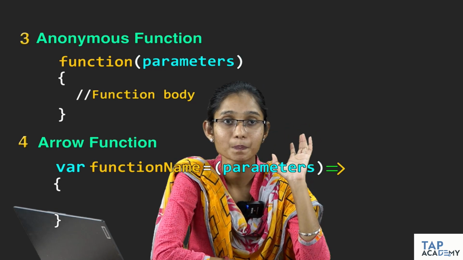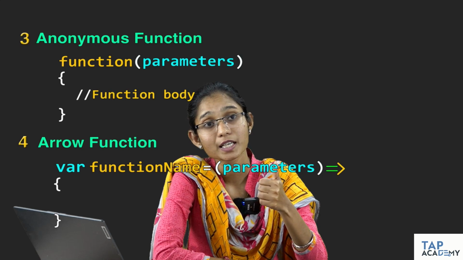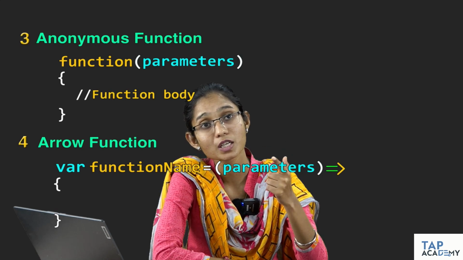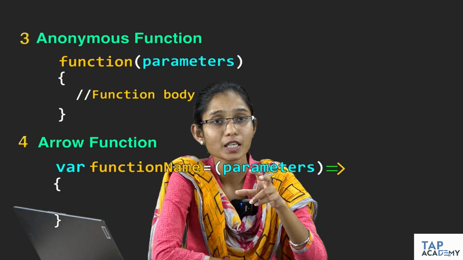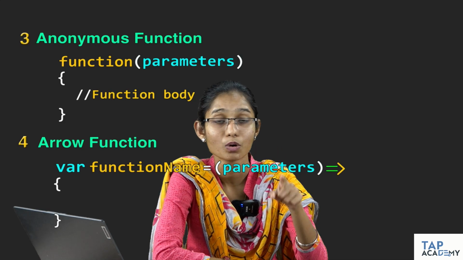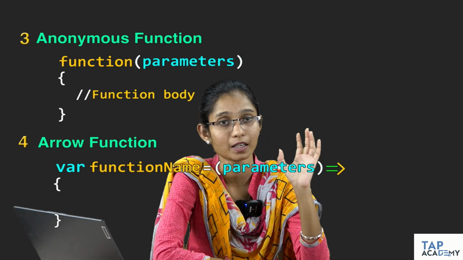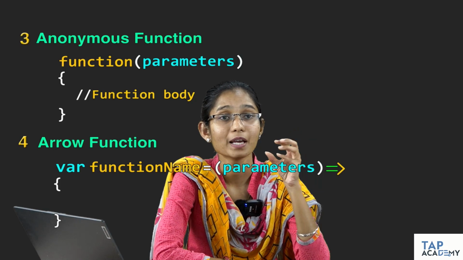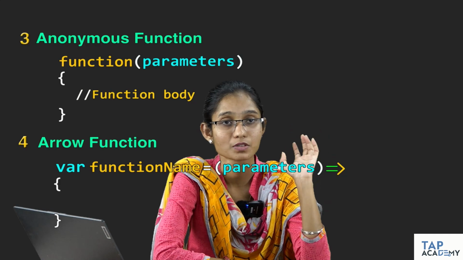If you have seen function declaration, function expression, even anonymous function, everywhere we give the function name, the function keyword, and parameters. But here you see we will not give the function keyword, so you can make your code very short and efficient by using arrow functions.